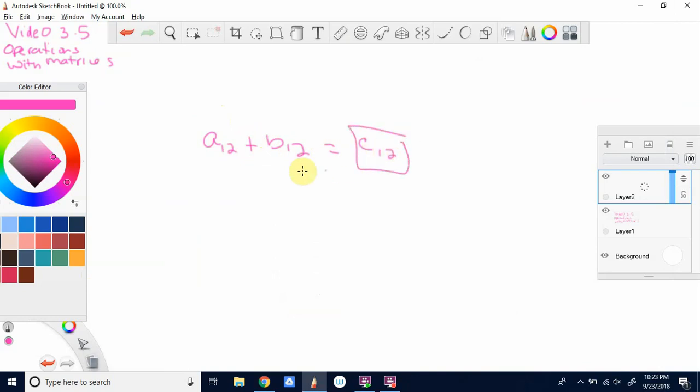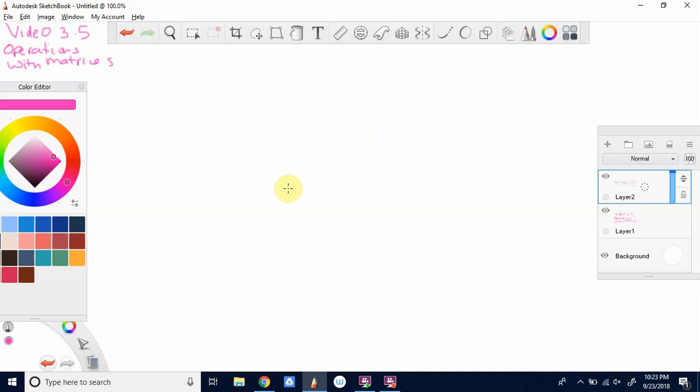You see they all have the same address, but this is going to be our new matrix, and we're going to call it matrix C. And we use little variables to identify that it's a matrix element, and we're not talking about the column. Okay, so that's what I'm going to be looking for.